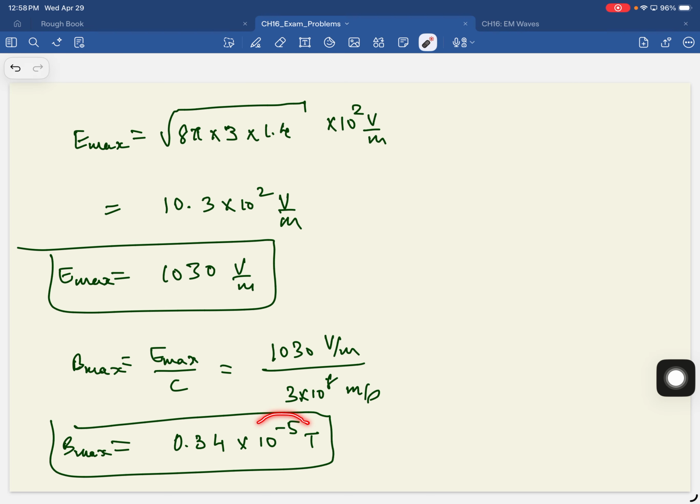This is roughly the strength of the Earth's magnetic field. Half a Gauss. No, this is 1/10 the strength of the Earth's magnetic field.